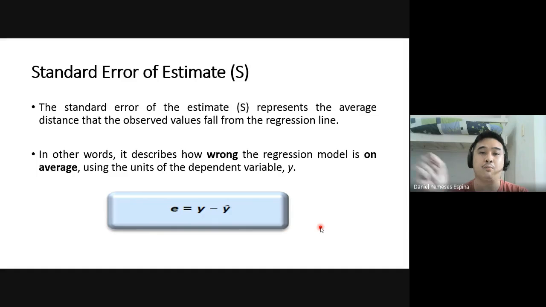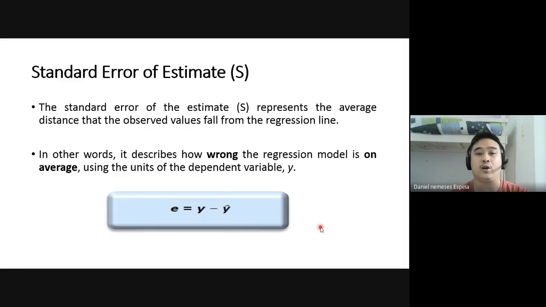So if the data points are far from the regression line, then there is a high standard error of estimate. If the data points are very close to the regression line, or fit the regression line, it is said that there is no error in our forecasting. Most of the time, what we forecast is what happens in the actual. Okay?